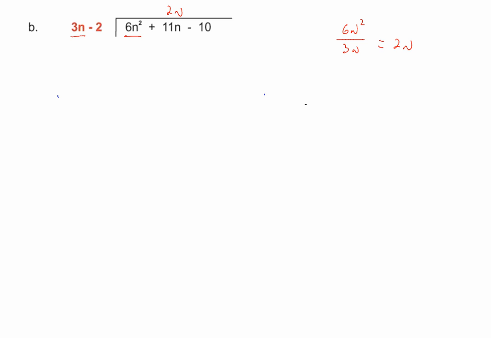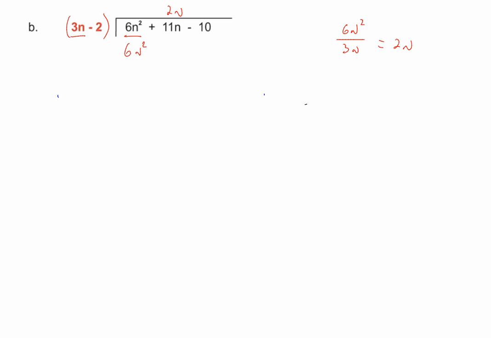Some students prefer this front thing to be in parentheses to keep track of the multiplication. If that helps you, use it. If you don't need it, don't use it. But now multiply the 3n minus 2 times the 2n. Your front term should always be exactly the same.